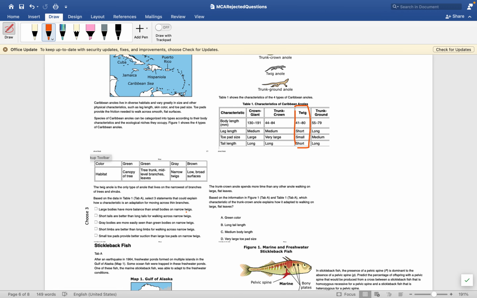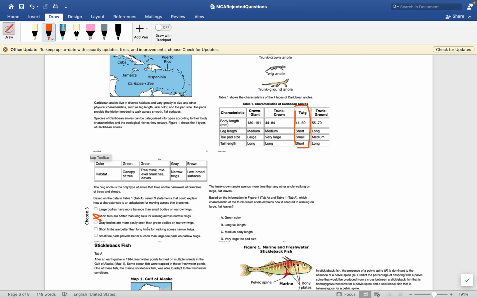I don't think that's true. Oh, here we go. Habitat, canopy of trees. Oh, this is like cut underneath. Okay. Short tails are better than long tails for walking across narrow twigs. So they're short and they do that, so that's a check.